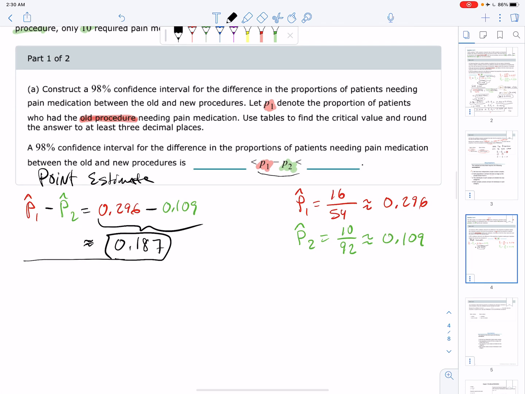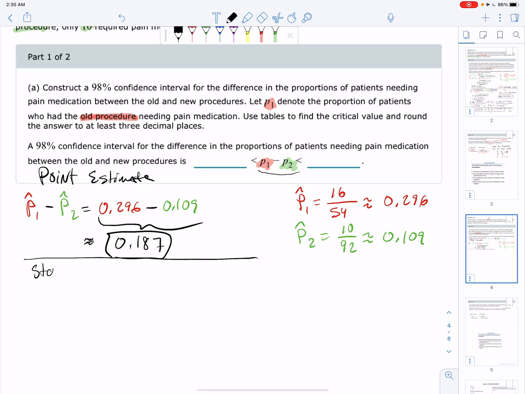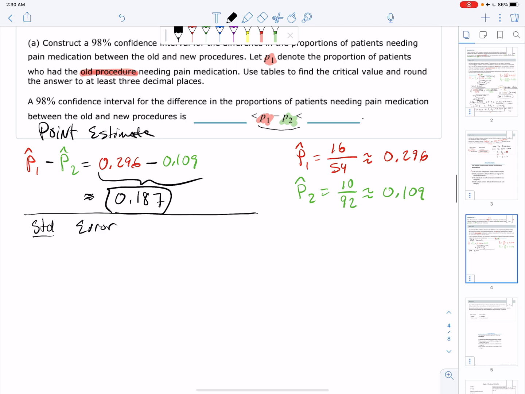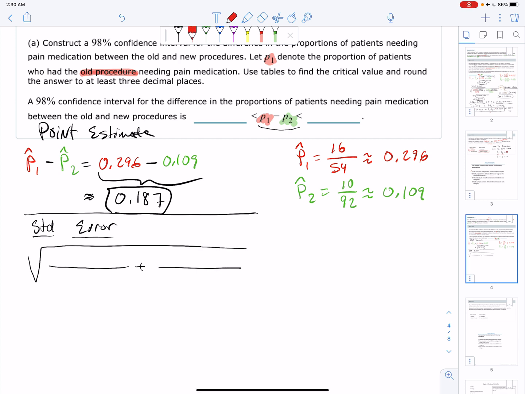Next, let's tackle the standard error. It's probably the hardest part of this whole thing, so getting everything organized is super important. The standard error is just the longest part of the procedure here, and it's going to look something like this. We take our first sample proportion, 0.296, and multiply it by its complement.